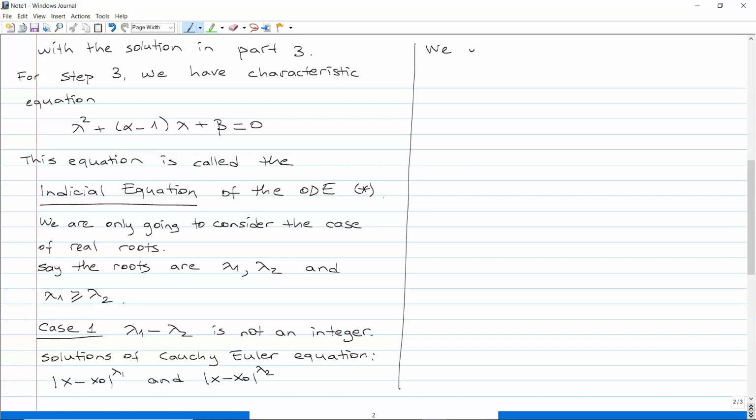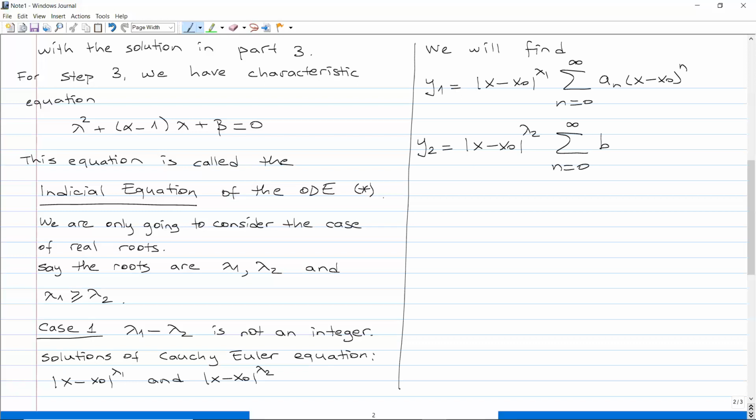So we will find solutions y1. We take the solution of the Cauchy-Euler equation and multiply it with a power series. And for the second solution, we take the second solution of the Cauchy-Euler equation and multiply it with another power series.